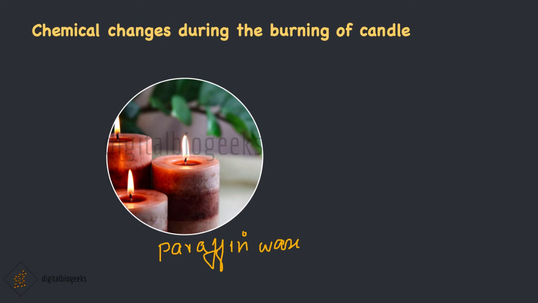It is a hydrocarbon, that means it contains hydrogen and carbon. When we learned about flame in 8th standard, we understood that for the burning of a candle, oxygen is essential. When oxygen reacts with wax in the candle, both carbon dioxide and water vapors are formed.